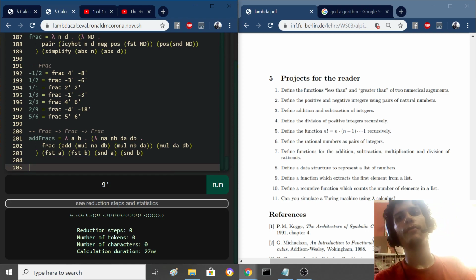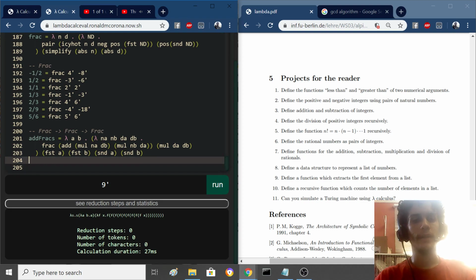Now we can do multiplying the fractions, dividing the fractions, way simpler, right? But since we already did adding the fractions, I can just subtract them just as easily. So to subtract them, I just add fracs, A with, well now I actually want to split up this fraction. This fraction is the same as a pair.